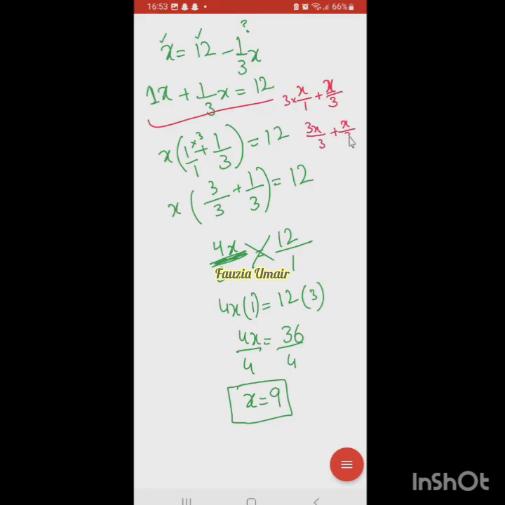Now you can take the LCM and this becomes 3x plus x, so 4x by 3. The same thing is coming. It's totally up to you whether to take x common and add the numbers, or keep x inside, it's fine. So which method will you prefer, when x is inside or when x is taken common?